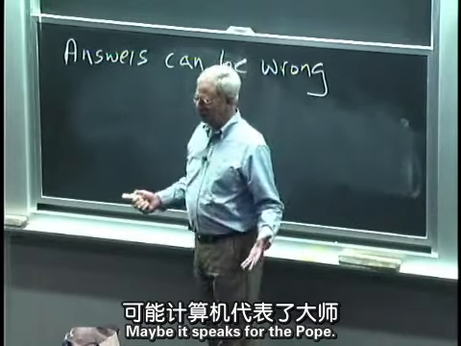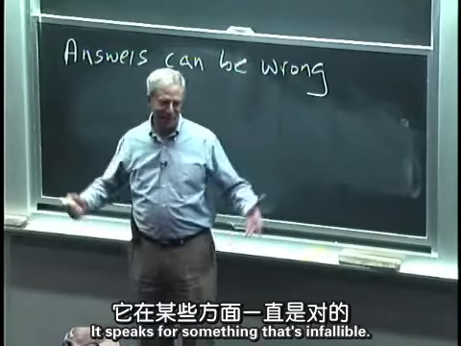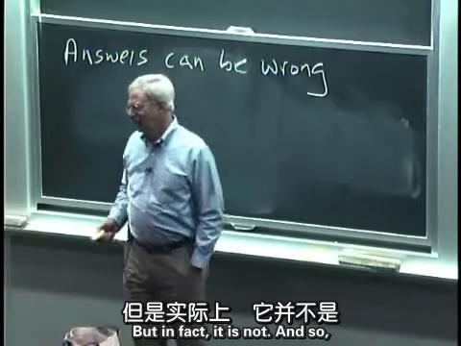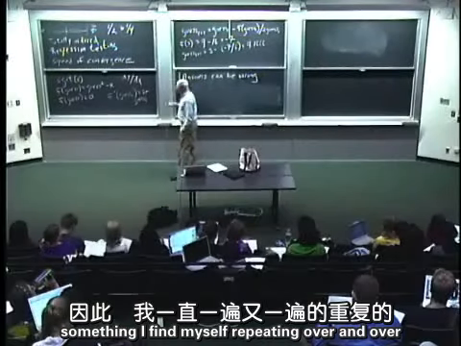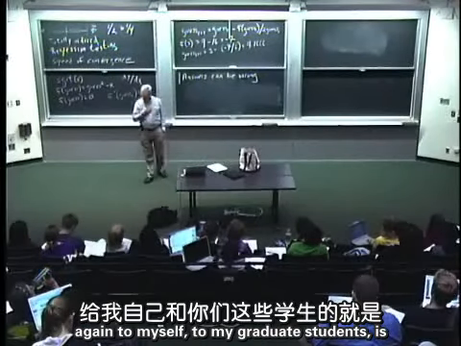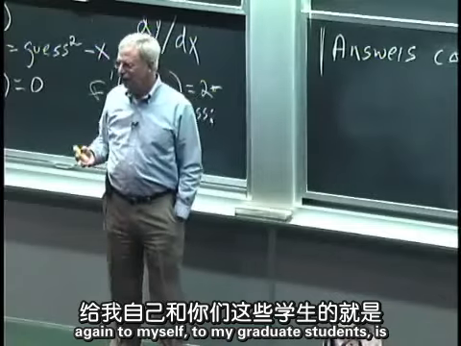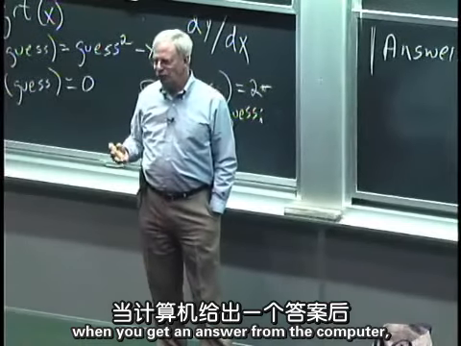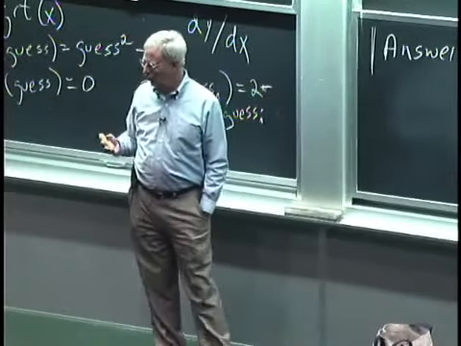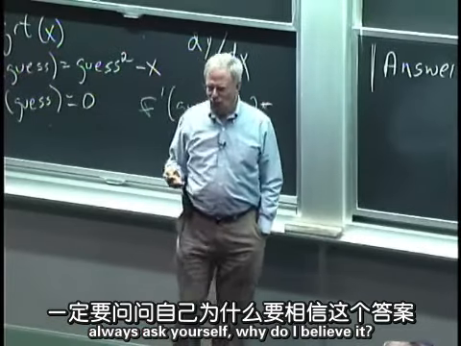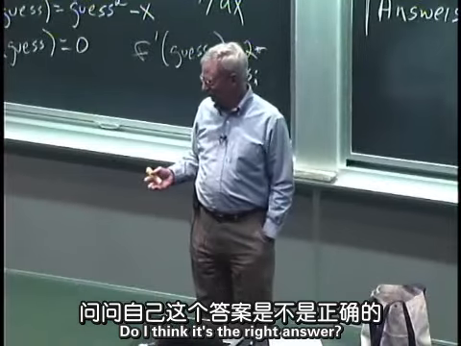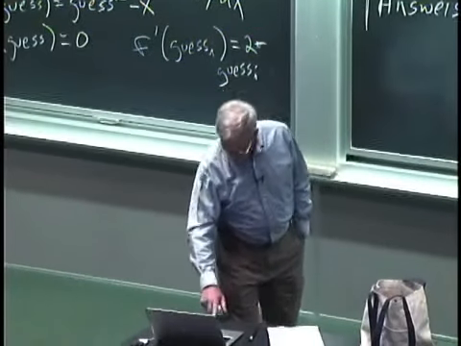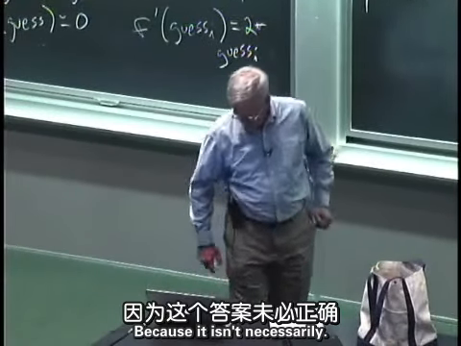It speaks for something that's infallible. But in fact, it is not. And something I find myself repeating over and over again to myself, to my graduate students, is when you get an answer from the computer, always ask yourself, why do I believe it? Do I think it's the right answer? Because it isn't necessarily.